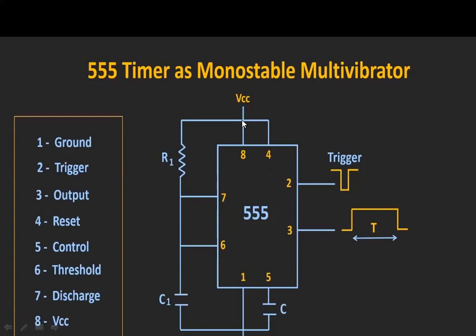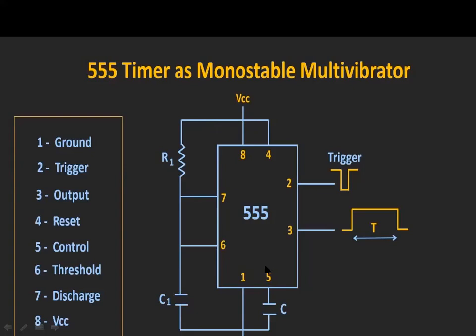And then for charging and discharging of the capacitor, we are connecting a resistor from VCC, and then we are connecting a capacitor to the ground. The first pin is ground, as we know, and the fifth pin is the control voltage.